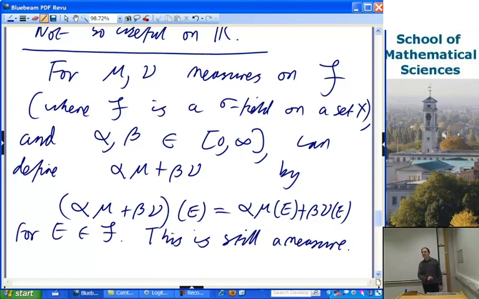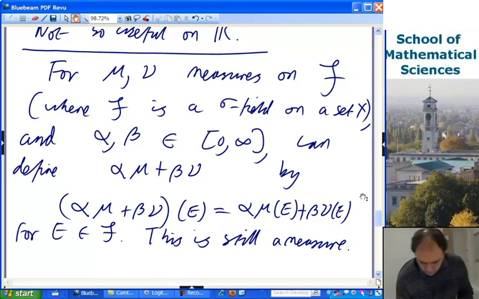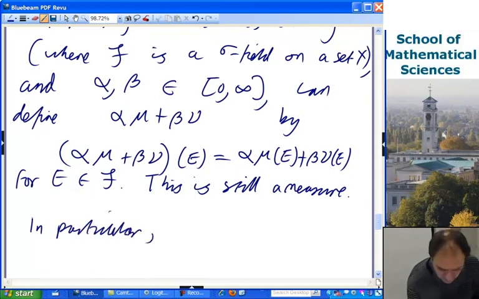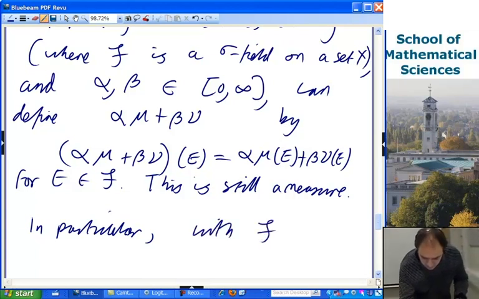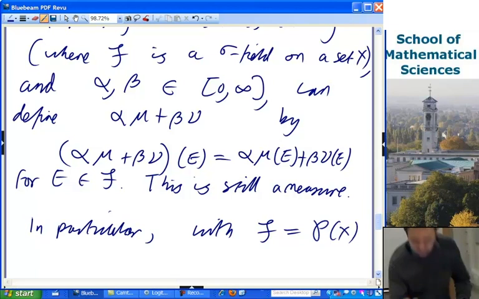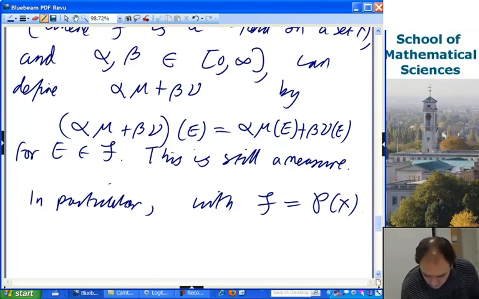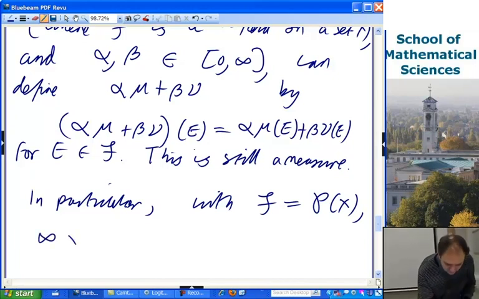So any constant multiple of a series of non-negative numbers is fine, and everything works as it ought to. In particular, suppose you take the power set of X, you can do infinity times counting measure.